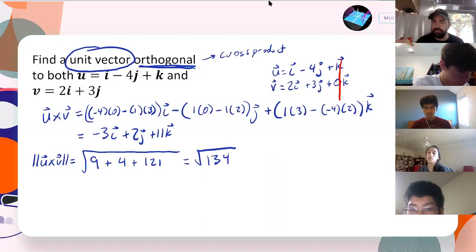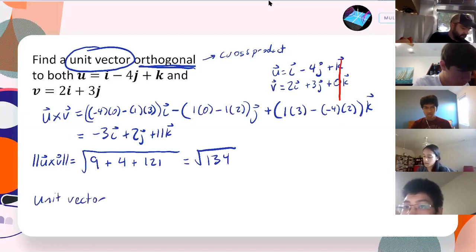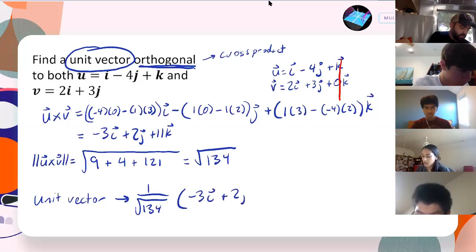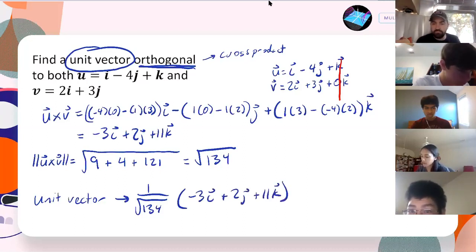So that's the magnitude of u crossed with v. It's pretty big. So my unit vector going in the same direction, perpendicular, would just be 1 over the square root of 134 times -3i plus 2j plus 11k. Same direction. It's just that that one's a unit vector. The other one is very long.